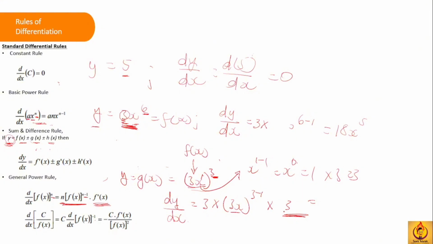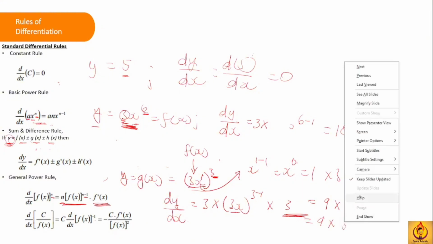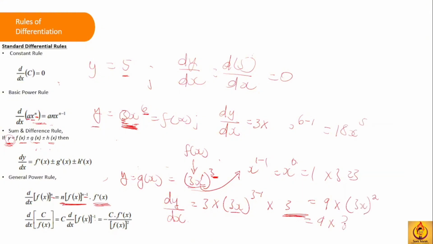So 3 times 3 is 9. And then we have our brackets, 3x, and then 3 minus 1, that's 2. Now you have to remember your high school rules.